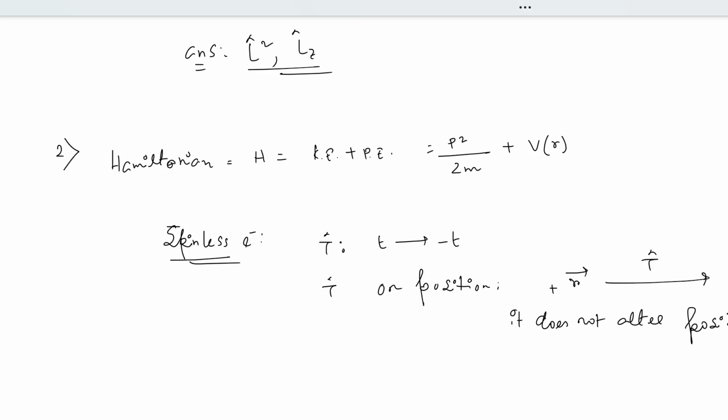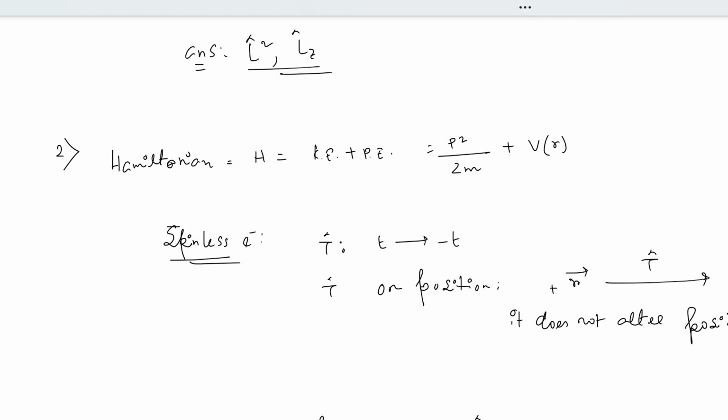But on momentum it changes the sign, because earlier you were going in one direction, and now in the time reverse direction. So P goes to minus P. So it alters the momentum. Why? Because you can imagine that earlier you were going in this direction, but now you are going reverse in time, so you will be going in this direction.